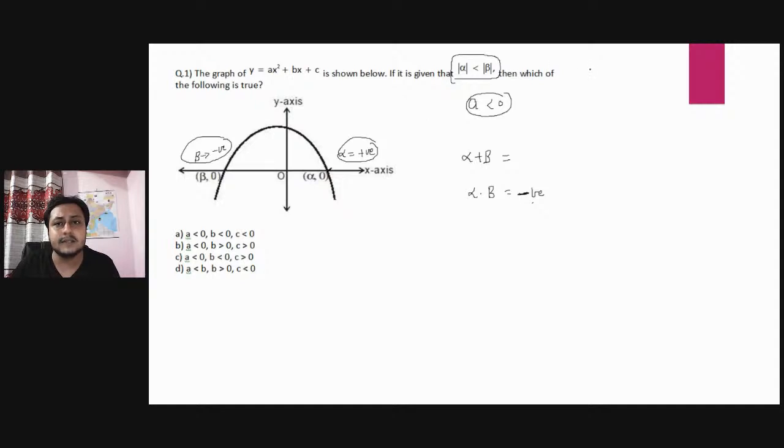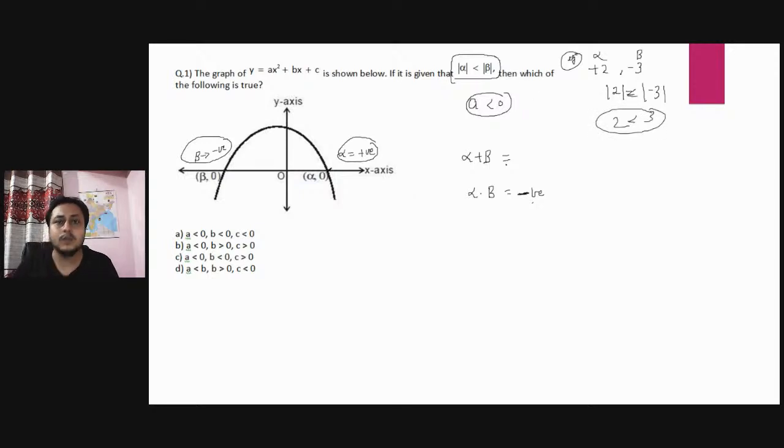For example, if alpha is plus 2 and beta is minus 3, magnitude means modulus, only the value without sign. The magnitude of 2 is 2 and the magnitude of minus 3 is 3. So 3 should be more than 2.